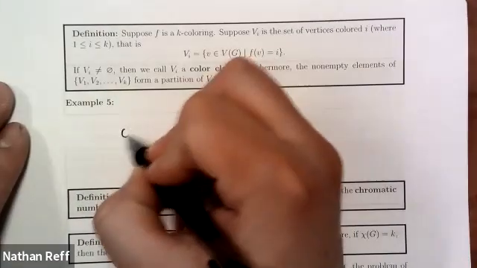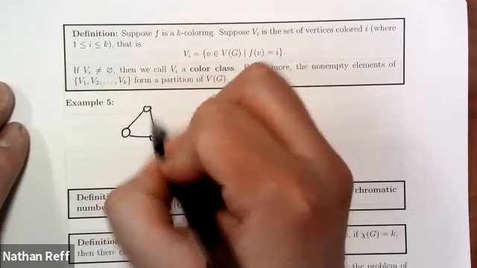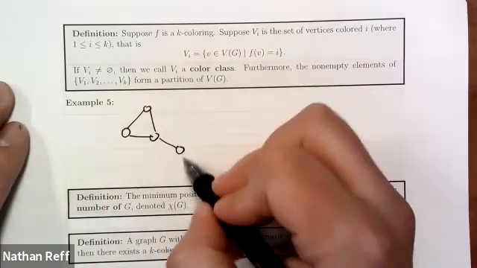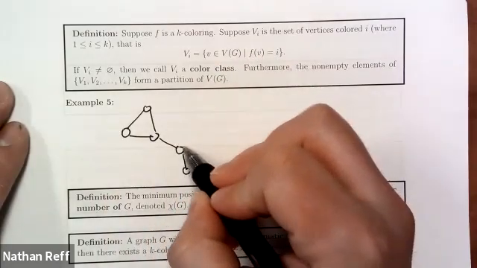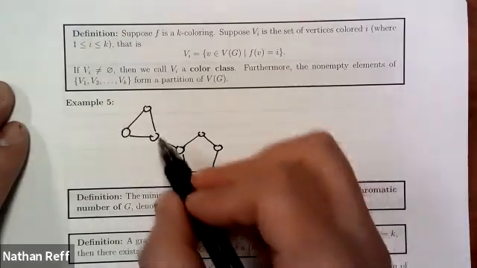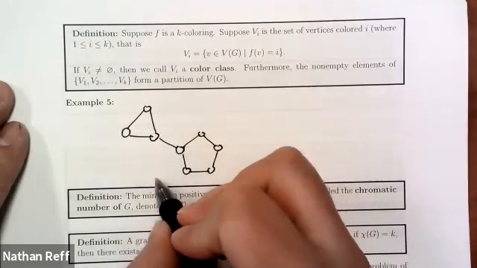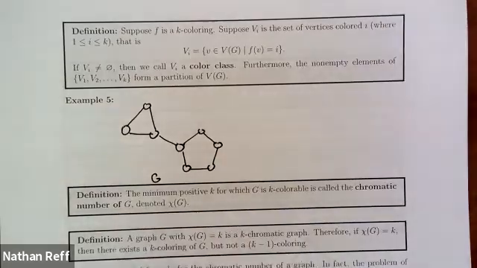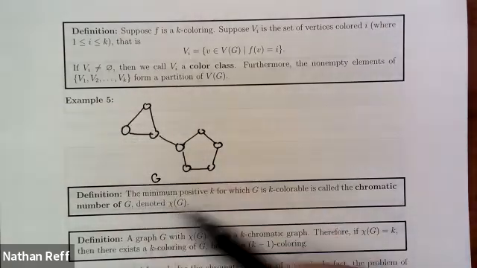Okay, so let's look at this graph. Here's my graph, and what I'm going to do is color the vertices.